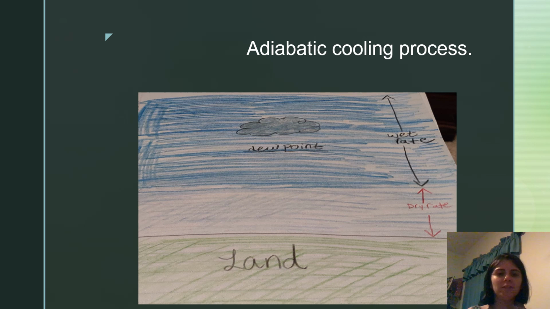So our next topic is the adiabatic cooling process. So you can look at the diagram that I drew. So where the land is, the first layer of the air above us is usually dry. So when the air rises, it starts out in the dry rate.